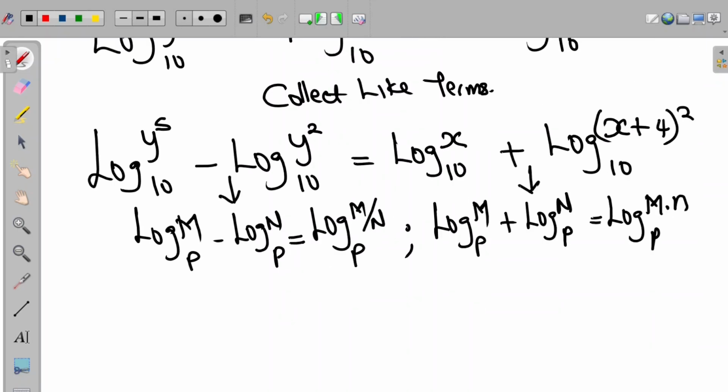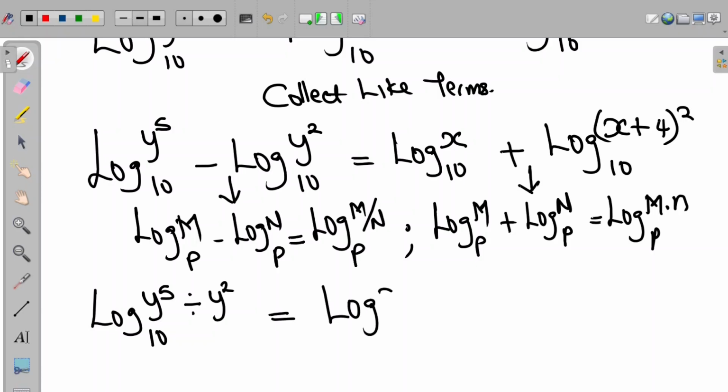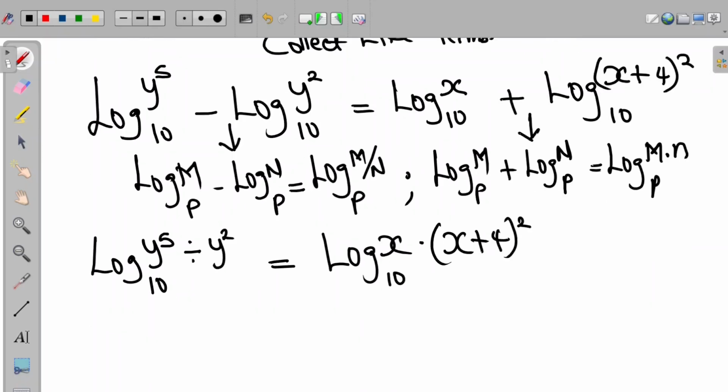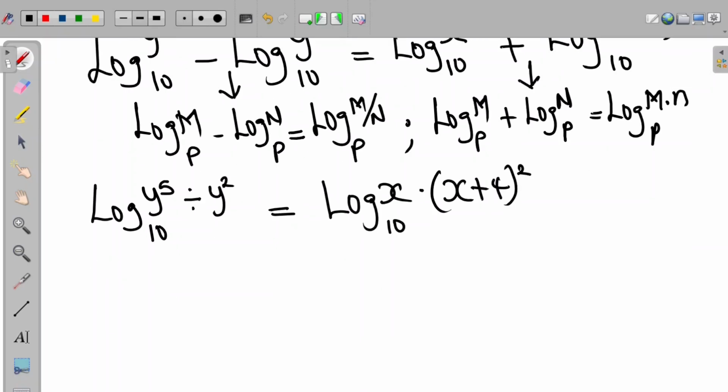So the equation now reduces to log y raised to the power of 5 divided by y raised to the power of 2 all in base 10 equal to log x multiplied by (x plus 4) all raised to the power of 2 all in base 10. So at this point, we can simplify.